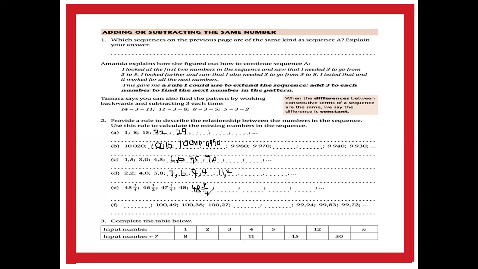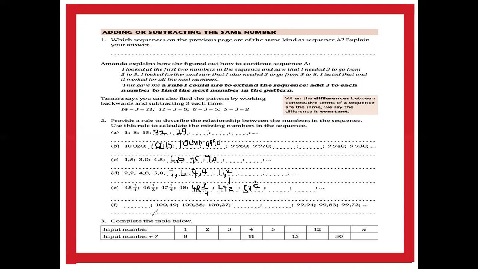And if we add 3/4 to that, we will get 49.5. If we add 3/4 to that, we'll get 50.25. And I'll let you guys answer the rest by continuing the pattern.